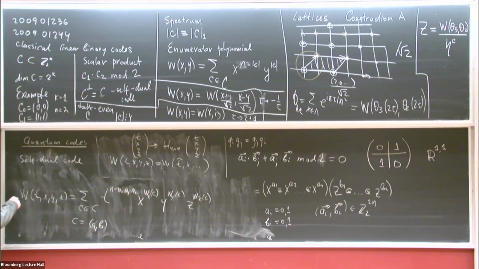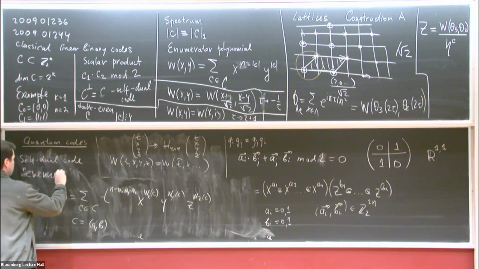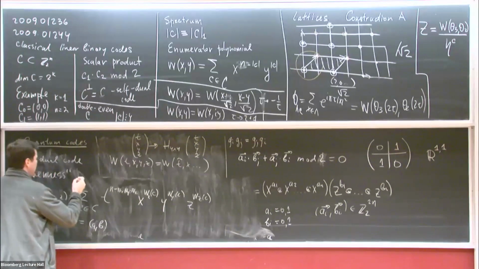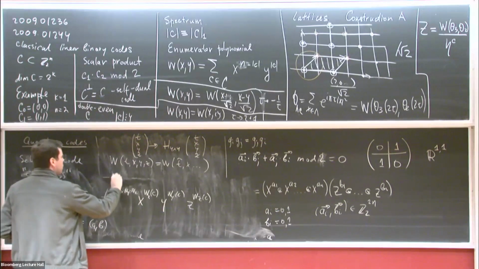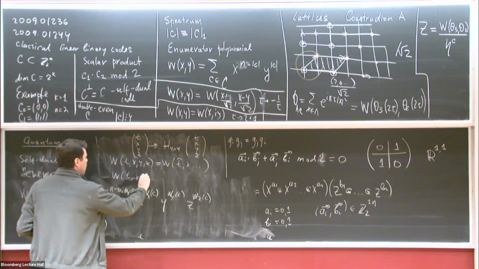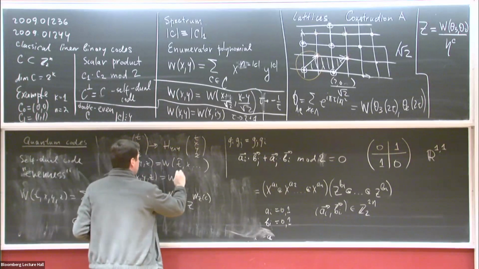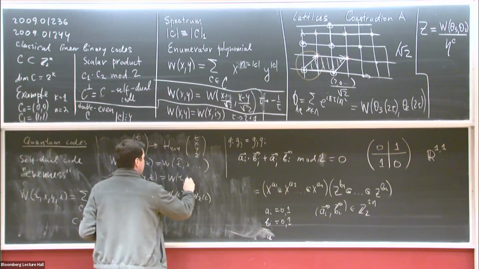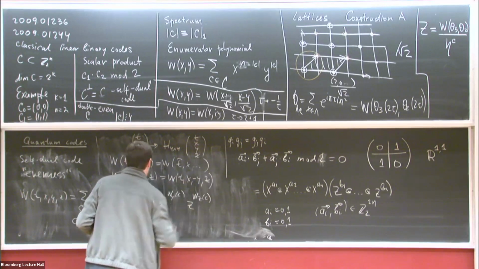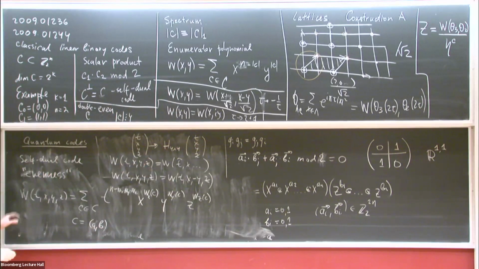You impose an additional condition, which is evenness. Well, in this case it's like evenness, but it should actually be regarded as a reality condition. In this case it's simply an ability to flip the sign of Y.